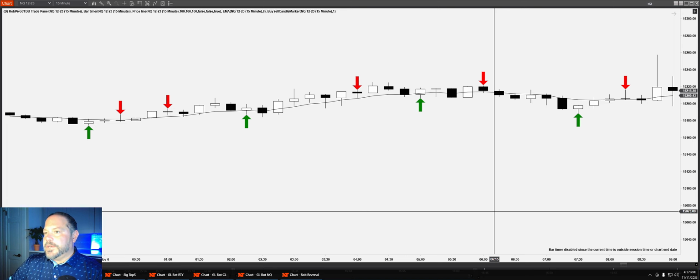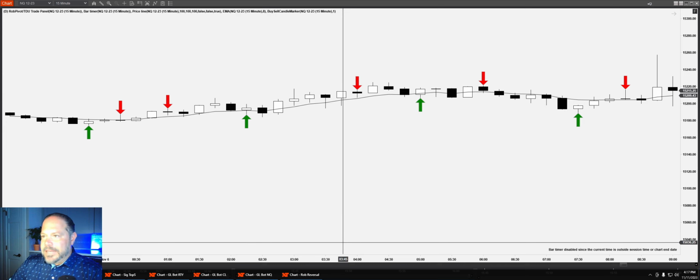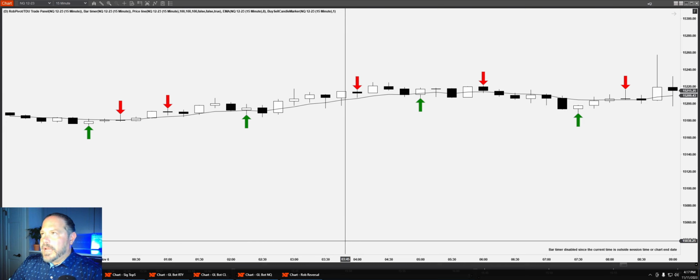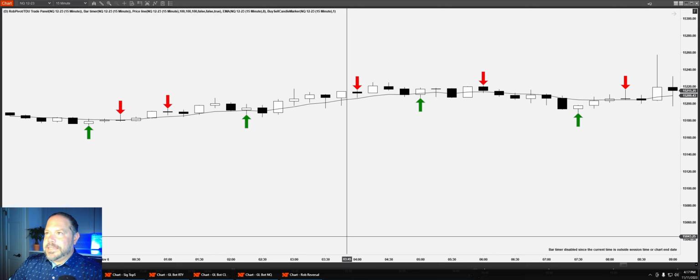So this is what I'm going to do. I'm going to start on November 6th. Today is November 11th. We're going to go day by day, Monday through Friday. I don't cherry pick any of my trades. I show you the winners and I show you the losers. I think there needs to be full transparency in trading, and that is the one thing the majority of channels are lacking.